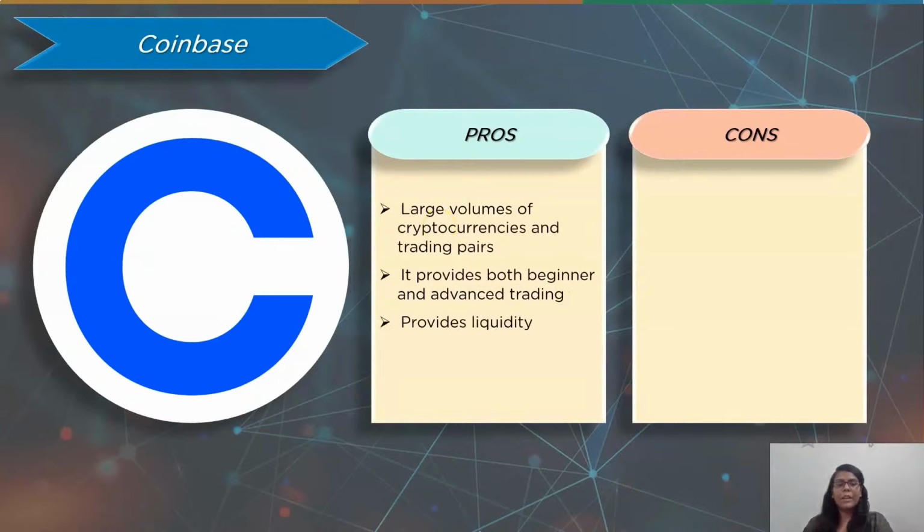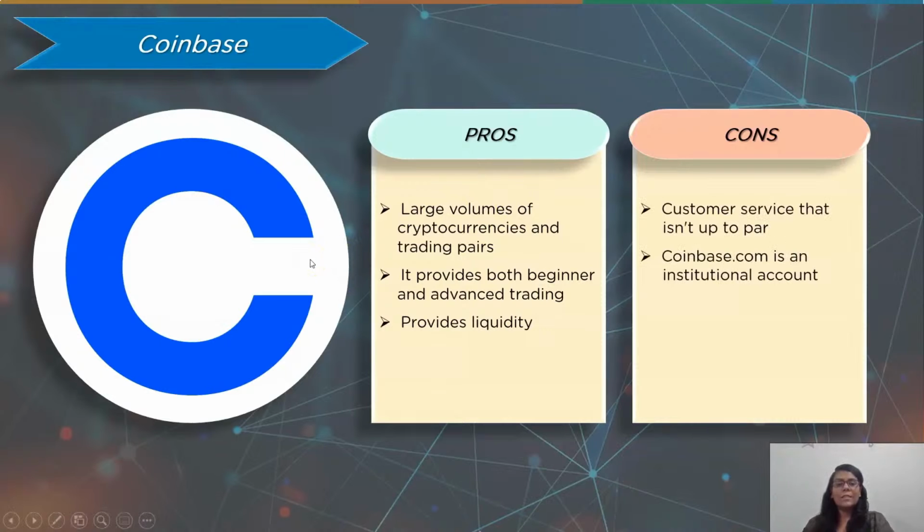It provides a smooth experience to beginners as well as easy trading to advanced members. It also provides liquidity and ease on its platform. Now, cons. The customer service provided by them is not up to the mark, and Coinbase.com is an institutional account, which means you don't have access to your private keys.